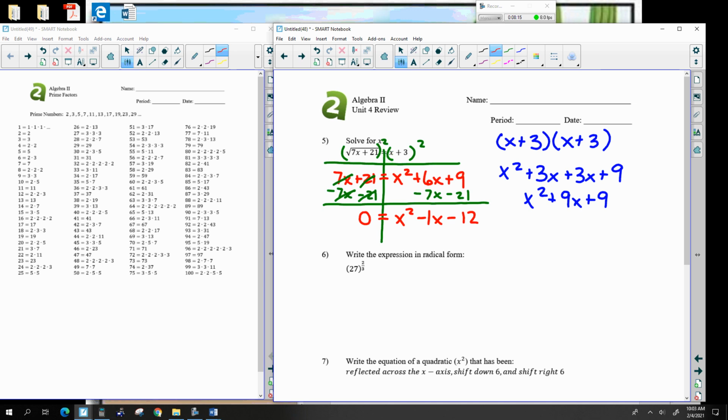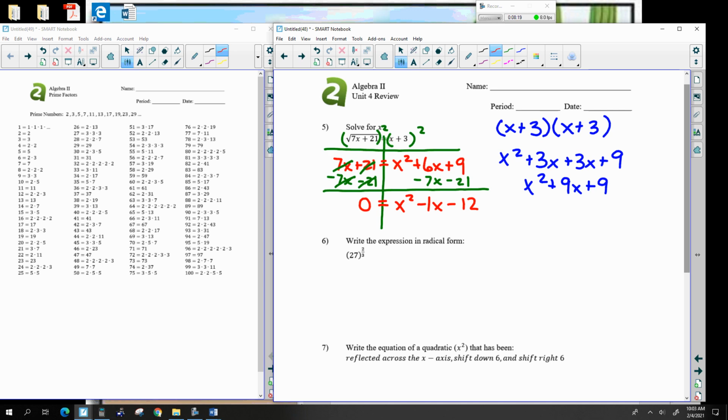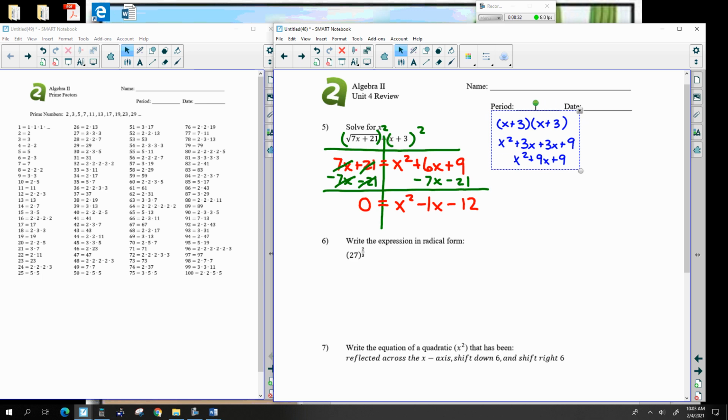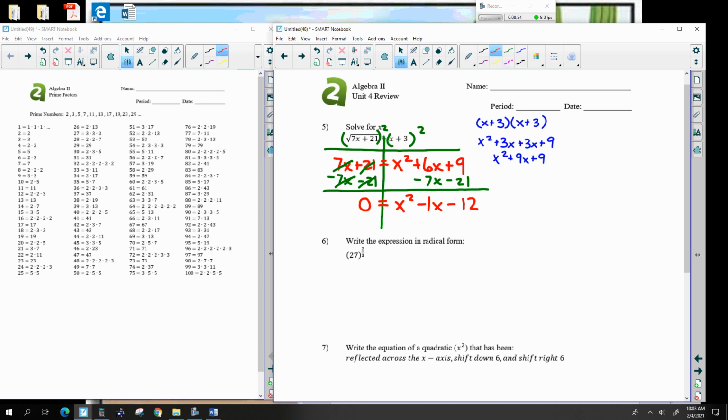And now this is a factoring problem to find its zeros. So I multiply to negative 12 and add to negative 1. So that's going to be 3 and 4. But I'll show you how that is created in case you have forgotten a little bit. So here the multiplication number is negative 12.